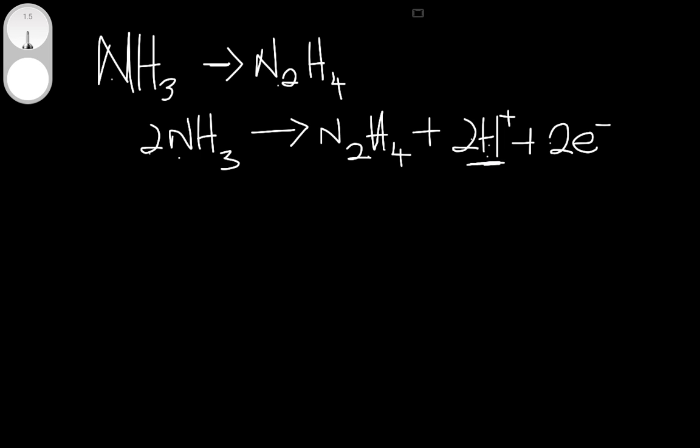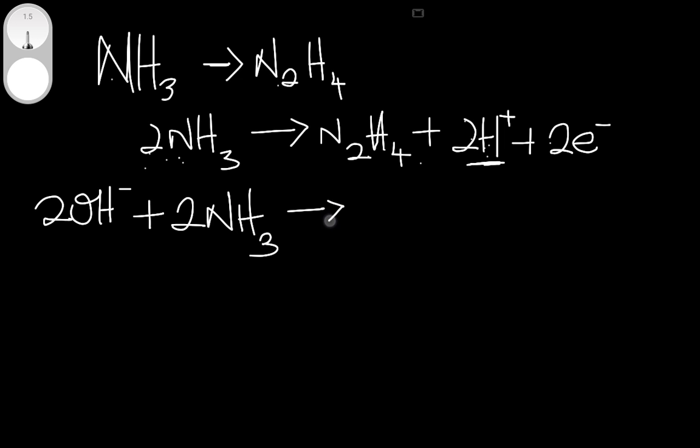Okay, so this is where we introduce hydroxide to react with this. So if we have 2 hydrogen here, we must introduce 2 hydroxide on the other side. So we introduce hydroxide on the left hand side, and also on the right hand side. So if we introduce hydroxide, we have 2 hydroxide plus our 2 ammonia, then we have this.